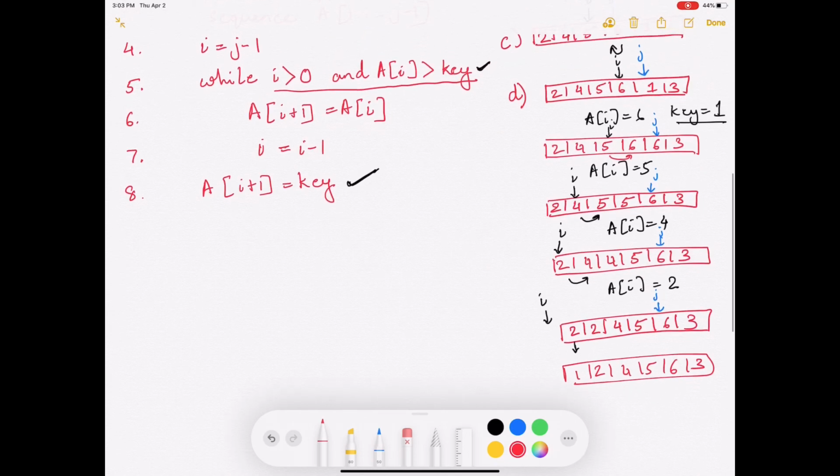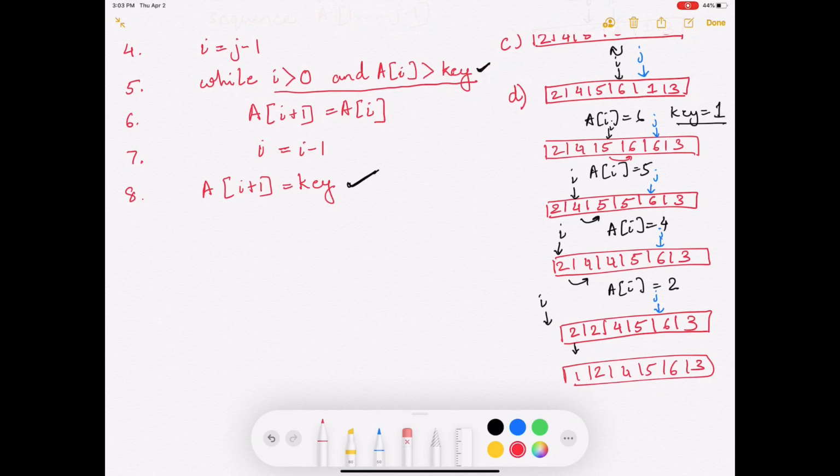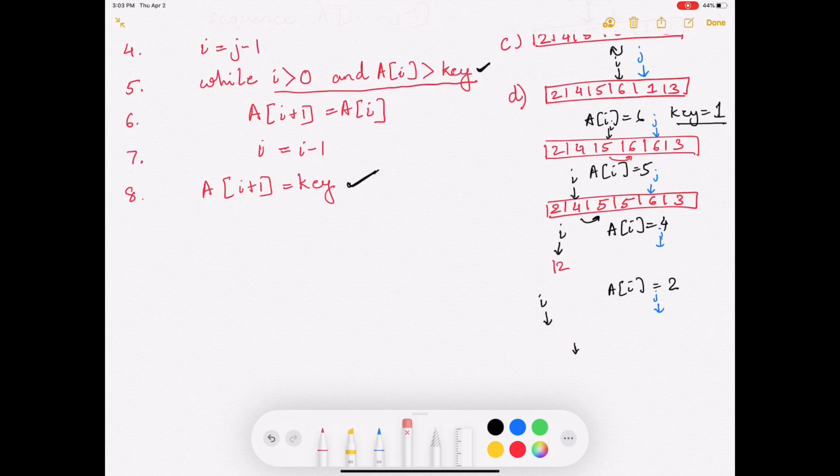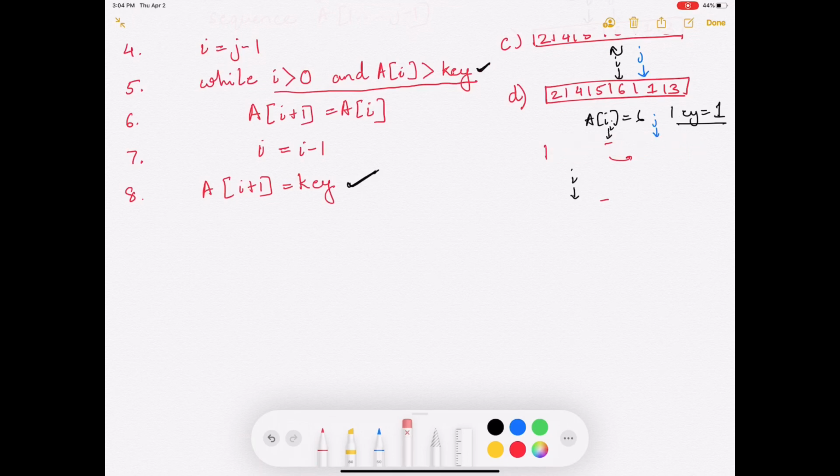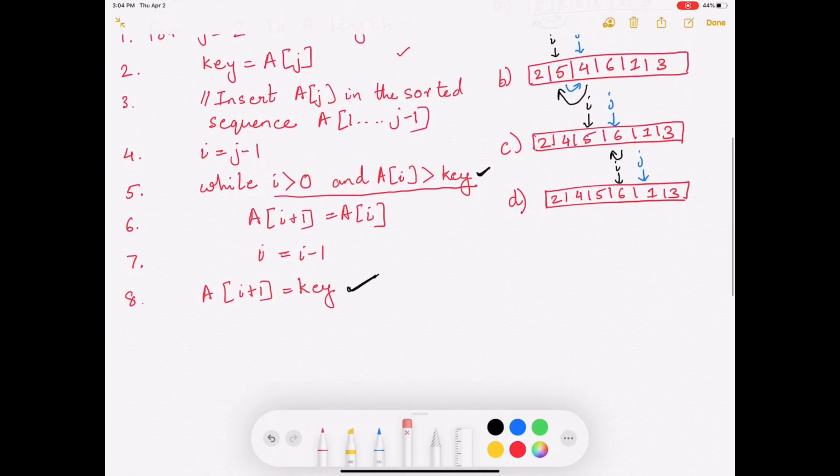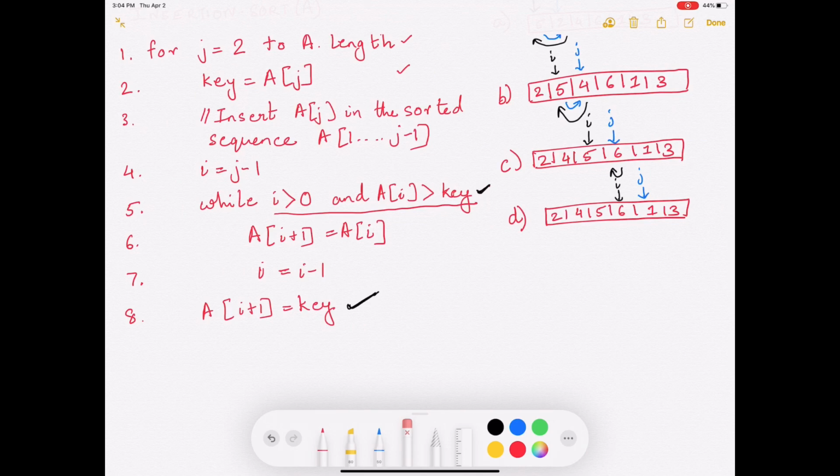So now we're going to erase all this and just work on these. I'm just going to show it over here.